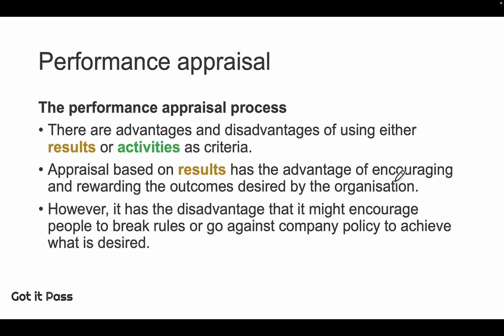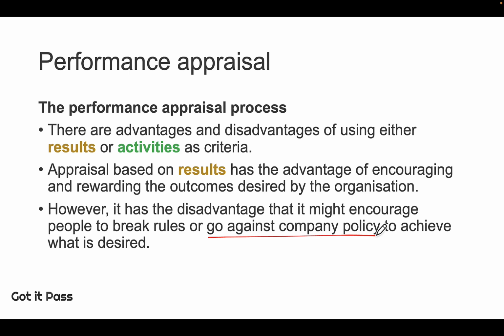but it has the disadvantage because it encourages people to break rules or go against company policy to achieve what is desired. So what does it mean, go against company policy? Because an organization should build up internal controls in order to have better corporate governance, as we discussed in another class.